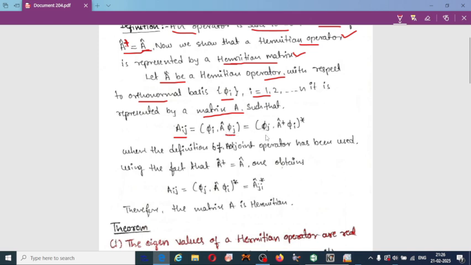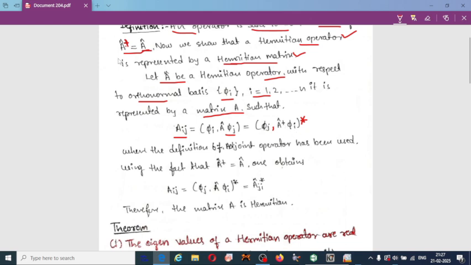In the previous video I have explained the inner product. The inner product of two vectors is equal to the conjugate of the inner product with the vectors swapped. So we can take phi j comma A cap adjoint phi i.